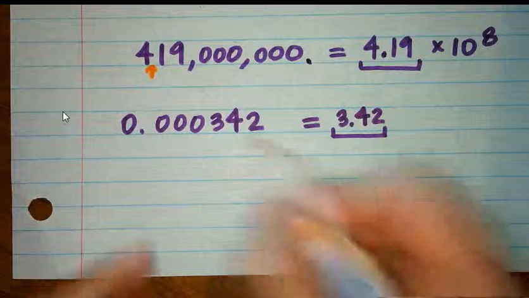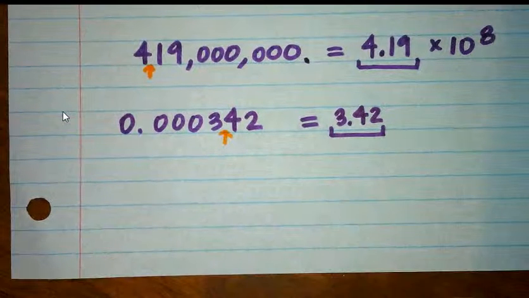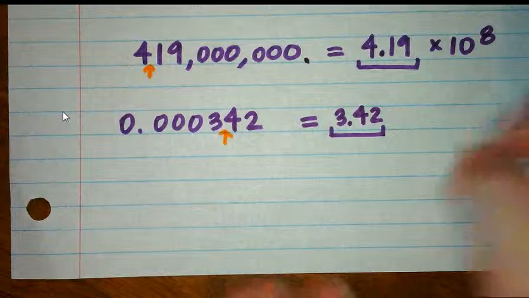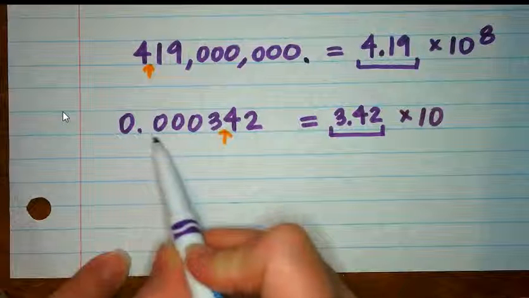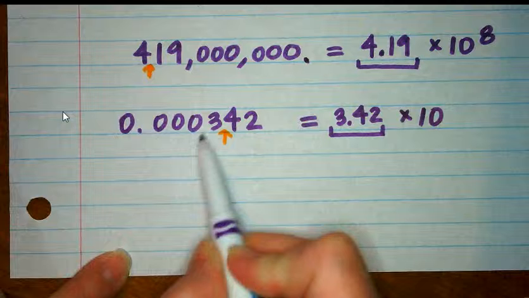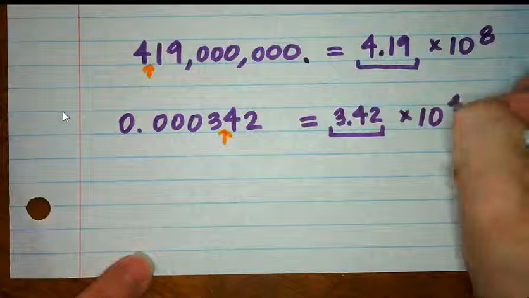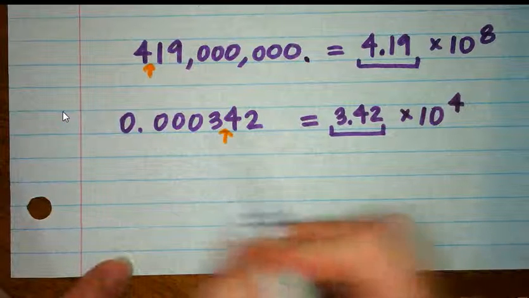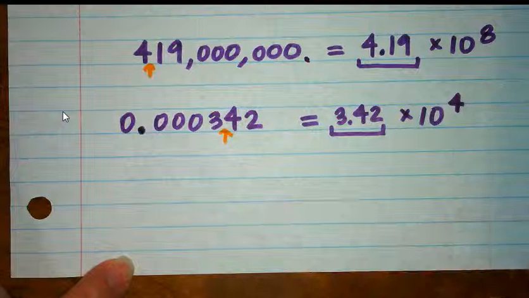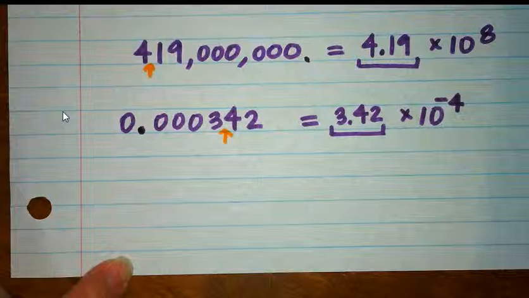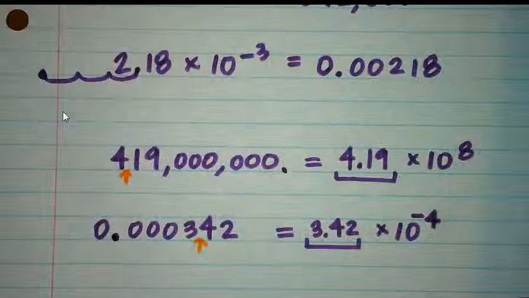So our decimal needs to go right there. Now I need to identify how many times to move the decimal. So I needed to move it 1, 2, 3, 4 times. And when I look at the number in standard form, the decimal's at the beginning of the number, so my exponent is negative. And that is scientific notation.